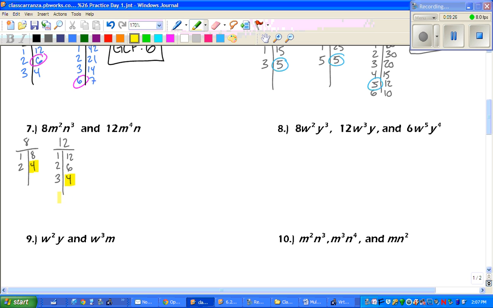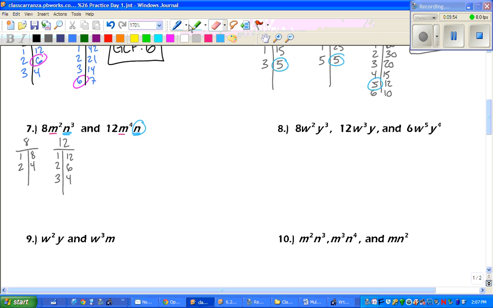Okay? So, now that we got the highest number, we also have to worry about the exponents now. Okay? So, let's take a look at the exponents. They both have an m. Which one's smaller? 2. They both have an n. Which one's smaller? The 1.